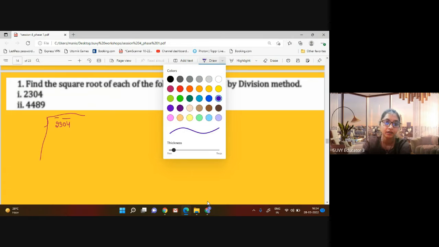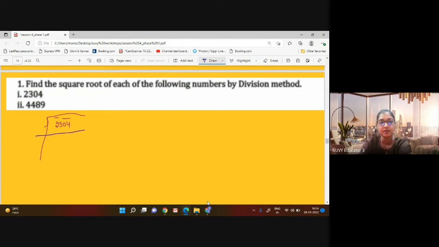See, what will we do? Firstly, 4 fours are 16, so the remainder is 704, and 4 doubled is 8. Now we have to think of a number which can go ahead.